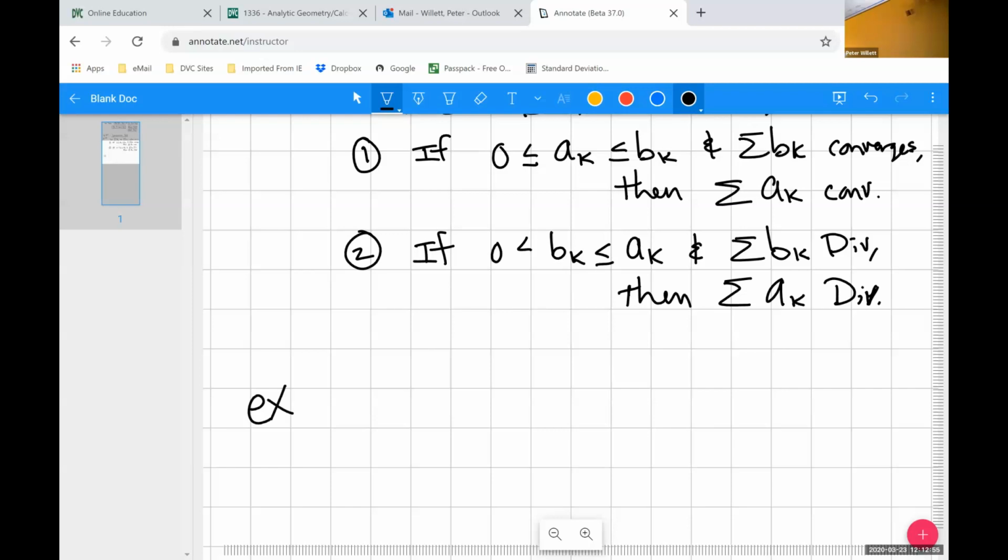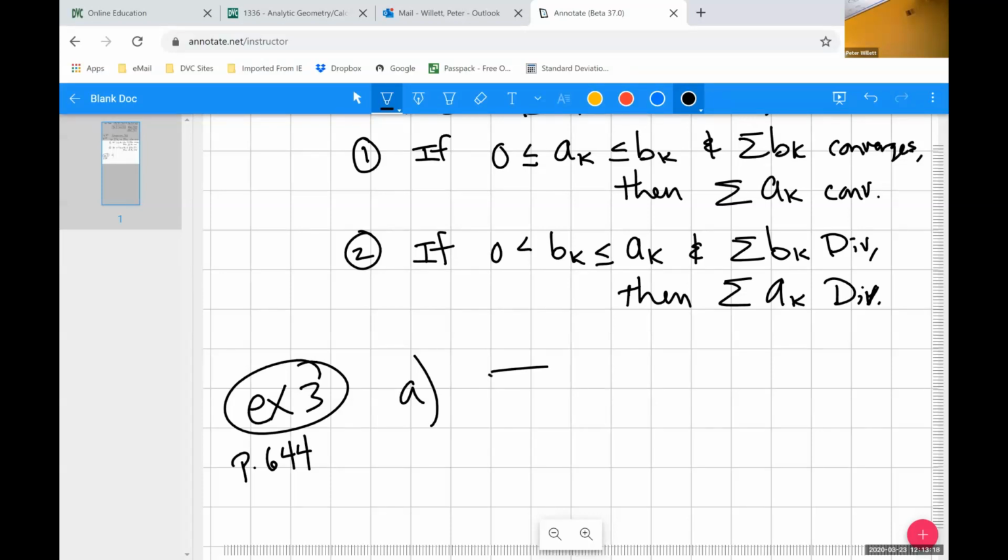So let's say maybe we consider example 3, which is on page 644. Okay, so this says, at least in part A, determine whether the following series converge.